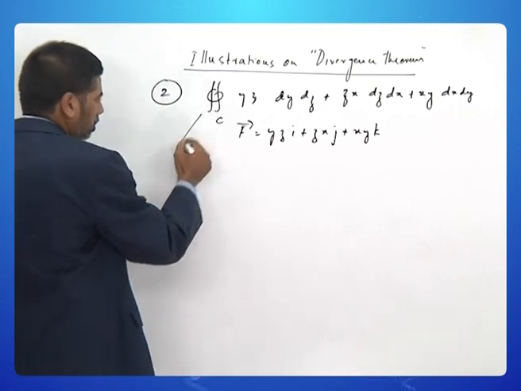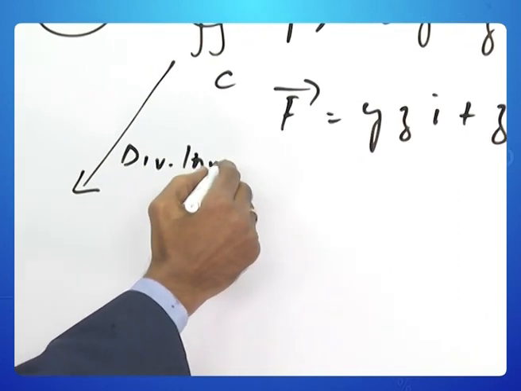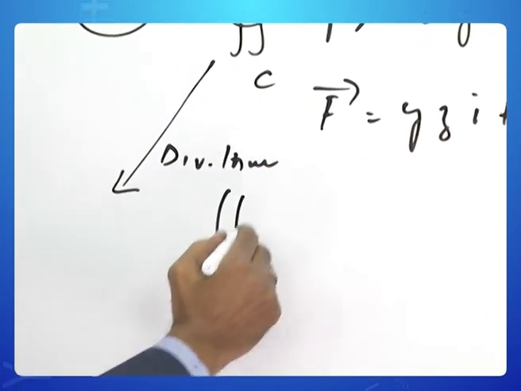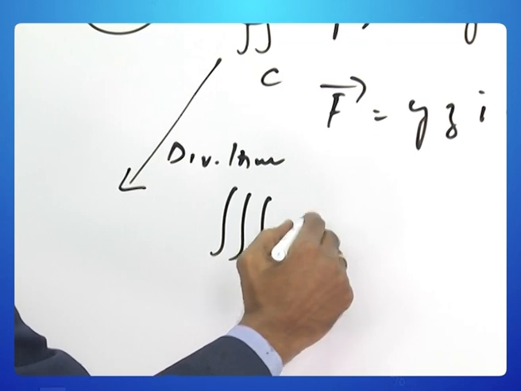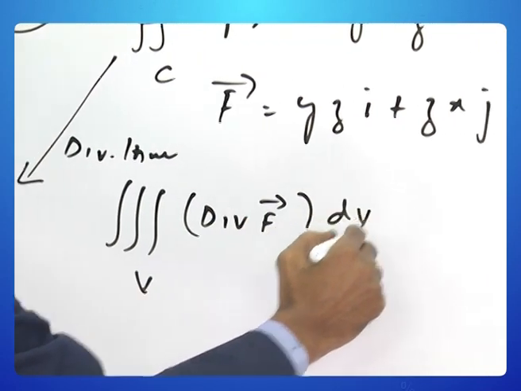Once again we convert using the divergence theorem, and we can convert it into a volume integral, divergence of F dV.